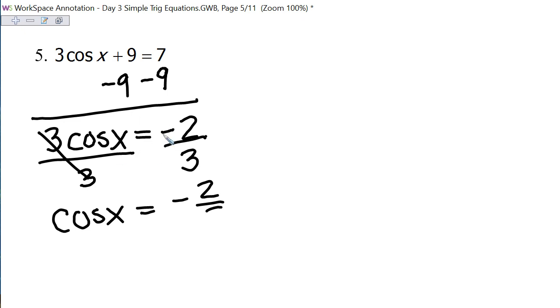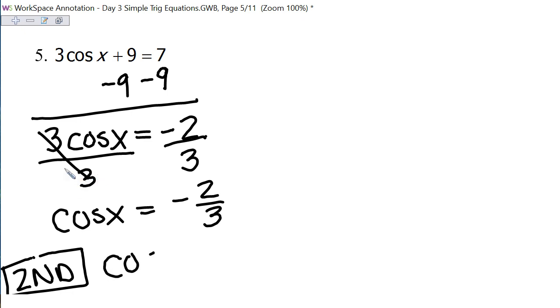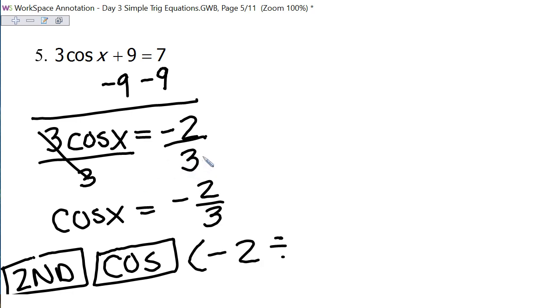And this is the arc cosine value, so in the calculator you'll have to do second cosine. And then inside the parentheses, you need to type in -2 divided by 3.